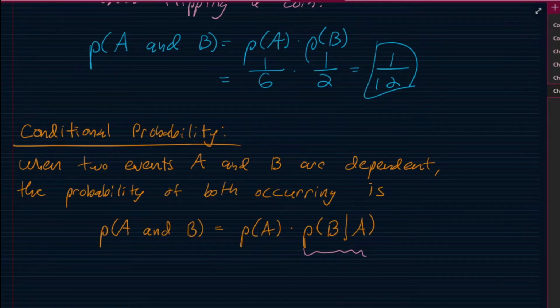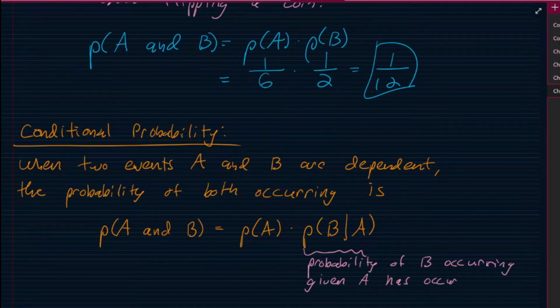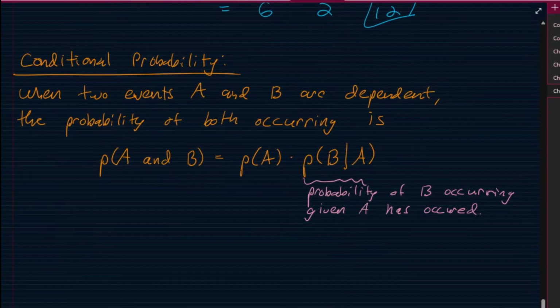Probability of B occurring given or assuming A has occurred. And we say it the probability of B given A. So since A happens, the probability of B is affected, so we have to kind of take that into account. That's basically what this is saying.